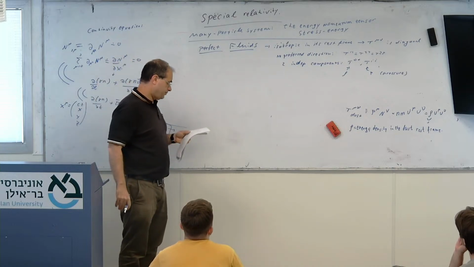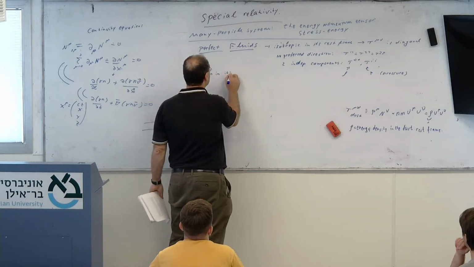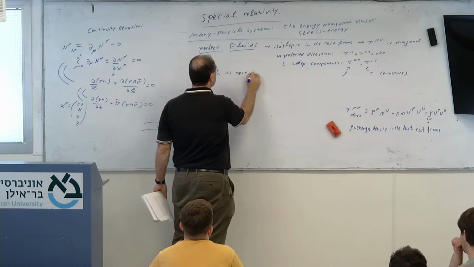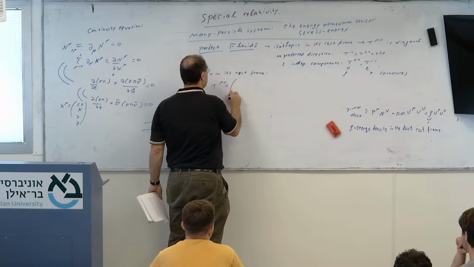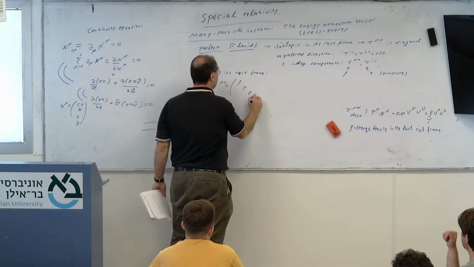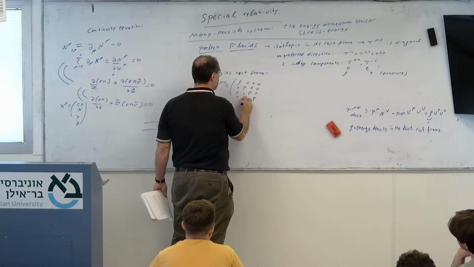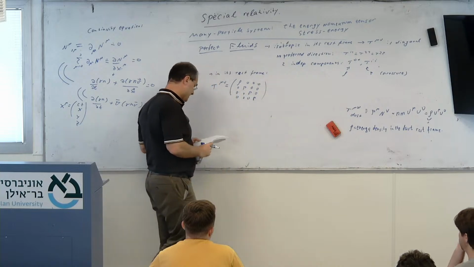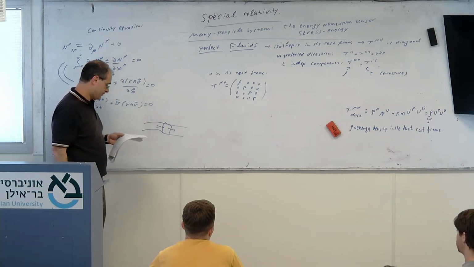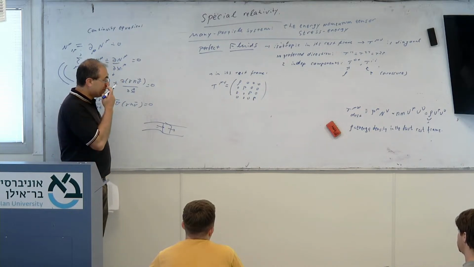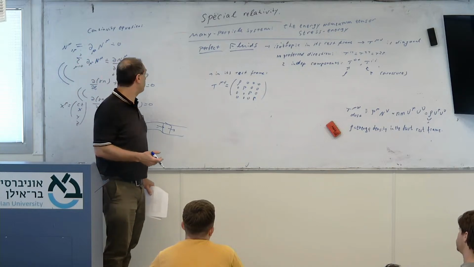So, in its rest frame, you can write T mu nu to be diag(rho, P, P, P). That's in the rest frame. Not in any general frame.